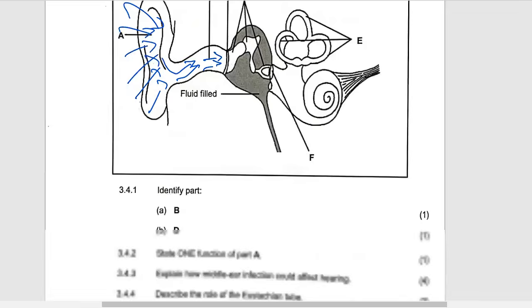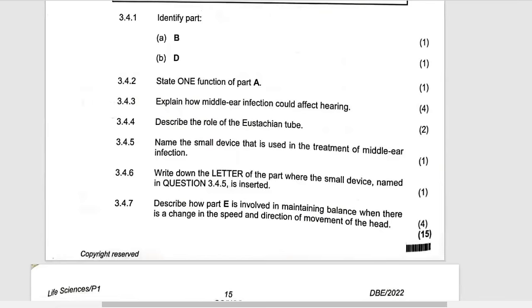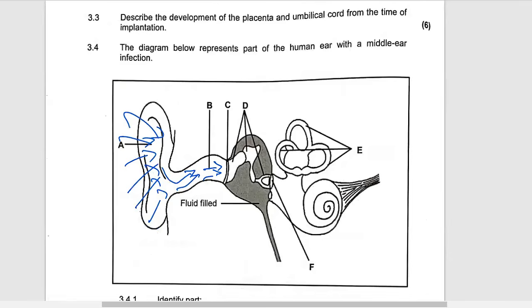And then another question: name the small device which is used to treat middle ear infection. Remember, this device is supposed to be used by cutting here, and then we suck out all the fluid which is inside here.